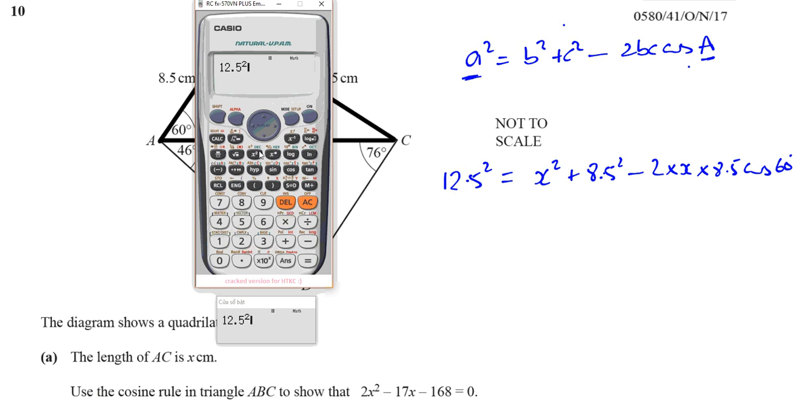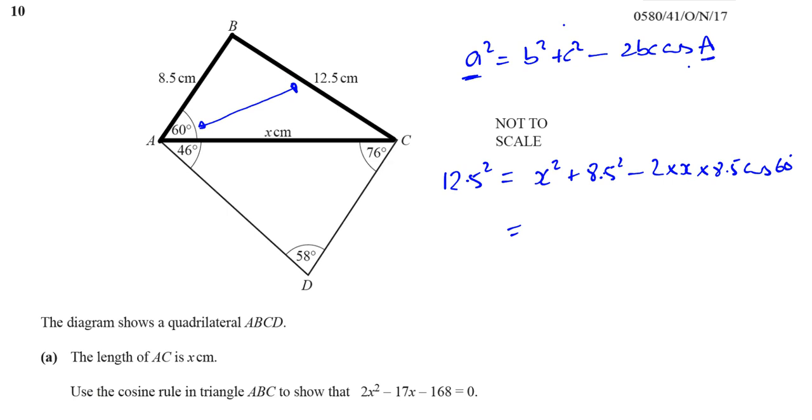Okay, 12.5 squared. Oh, let's just do this, sorry. You've got 8.5 squared, which gives you 72.25. So I've got x squared plus 72.25 minus, you're going to have 2 times a half, cosine 60 is a half, so that cancels with the 2 here, and you're going to have minus 8.5 times x equals 12.5 squared.